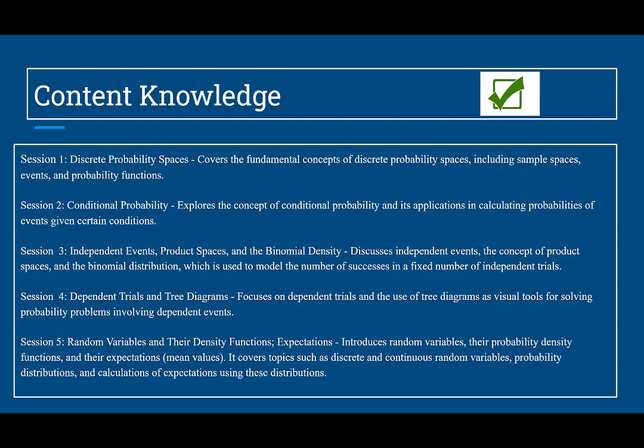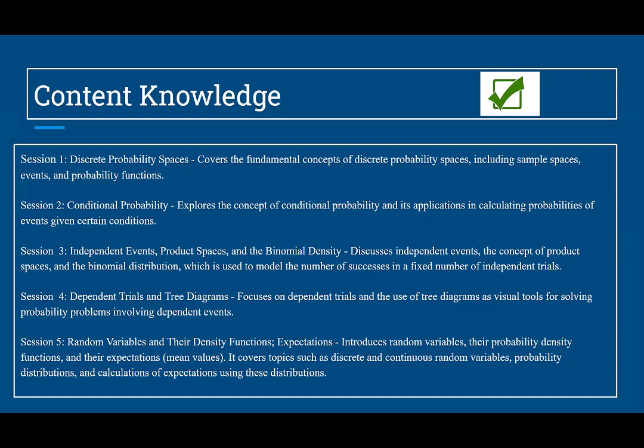Dependent trials and tree diagrams focuses on dependent trials and the use of tree diagrams as visual tools for solving probability problems involving dependent events. Random variables and their density function expectations introduces random variables, their probability density functions, their expectations, and mean values.